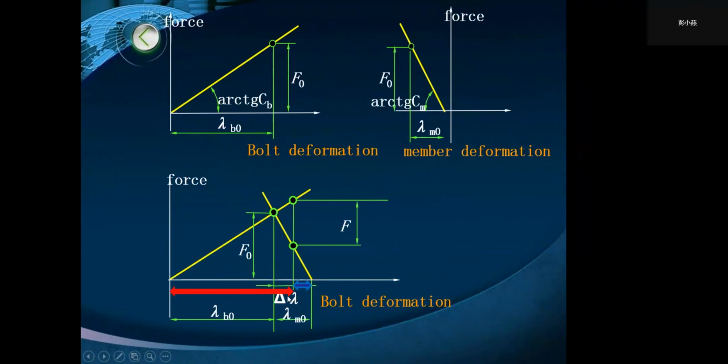Delta lambda is caused by the actual force F. So the total deformation of the bolt is lambda B0 plus delta lambda.